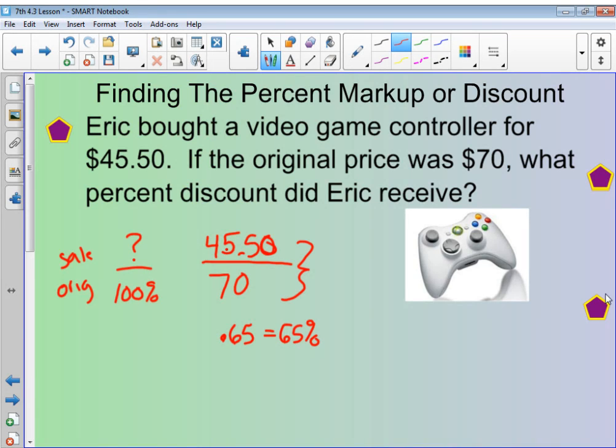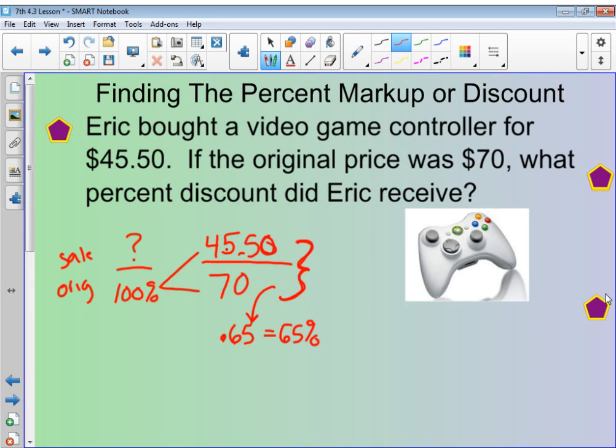I'm going to get the same thing if I cross multiply and divide. So if I do 45.50 times 100, and then I divide that by 70, it still gives me 65, but on my calculator it just says the 65, not the 0.65. So either method you can choose to use. Just remember, if you choose to go from the basic fraction into its percent or its decimal, you have to change it to its percent form.